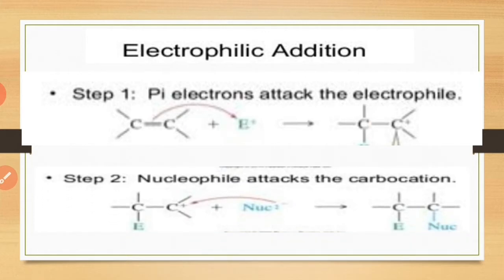In the second step, the atom with its lone pair of electrons acts as a nucleophile and attacks the carbocation, bonding to the second carbon atom, and this is the electrophile which was added in the first step. So this is the mechanism of electrophilic addition reaction.